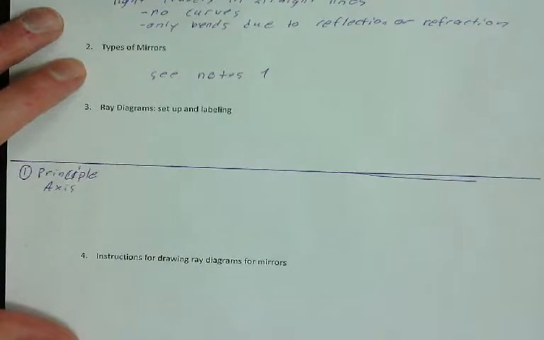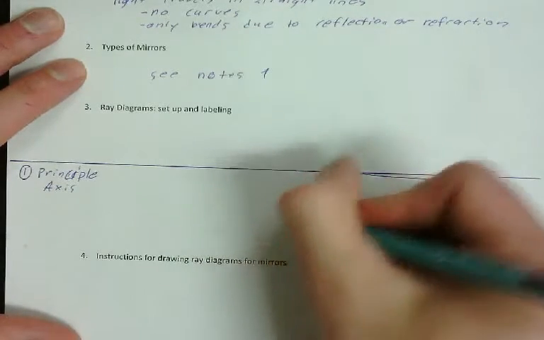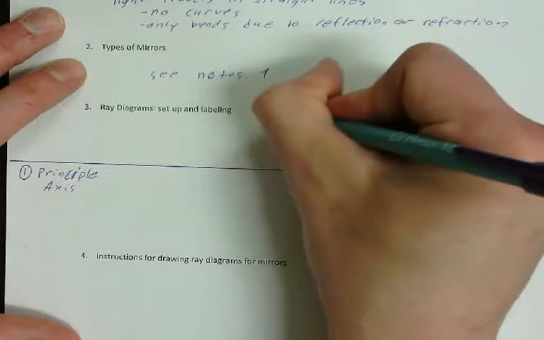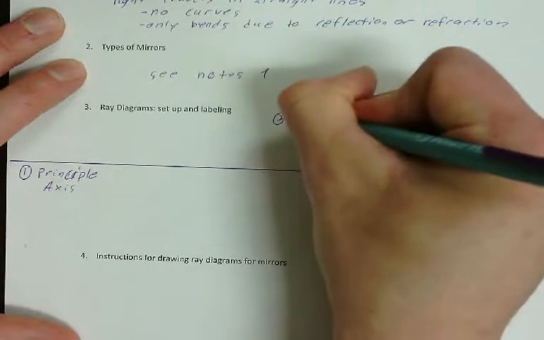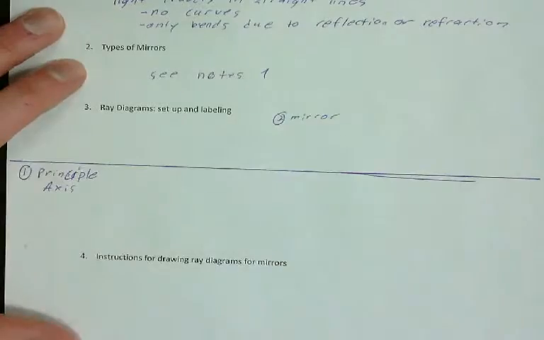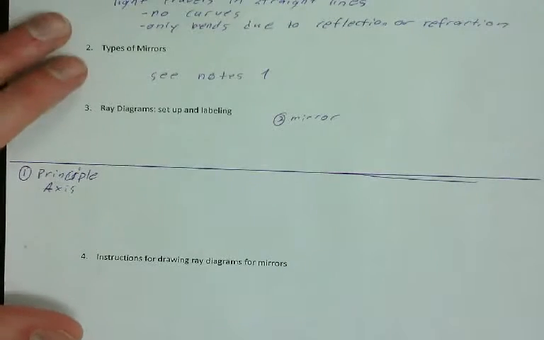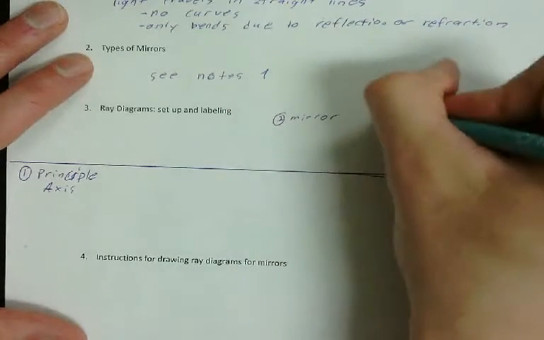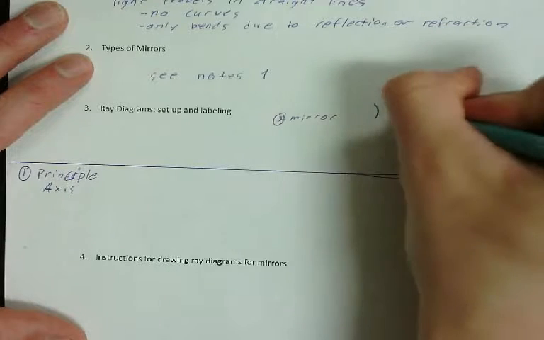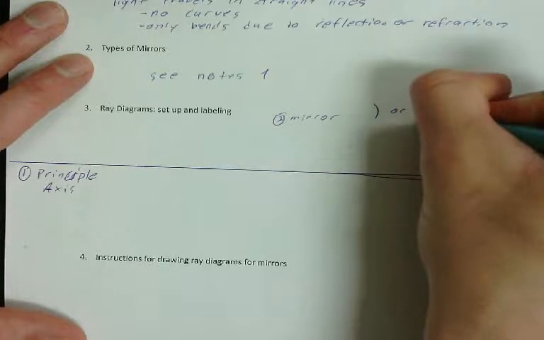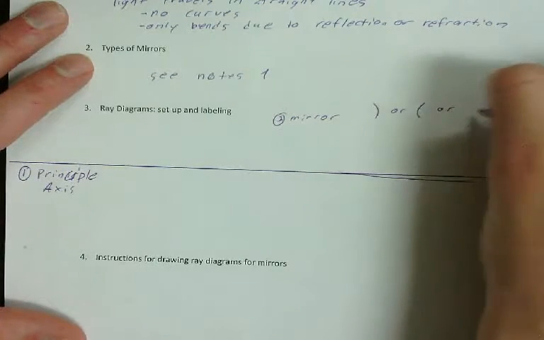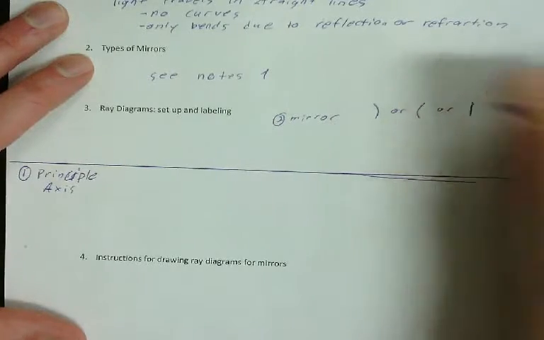Step 2, draw your mirror. You're going to draw whatever type of mirror the problem says. The types of mirror are concave, or convex, or flat or plane mirrors.